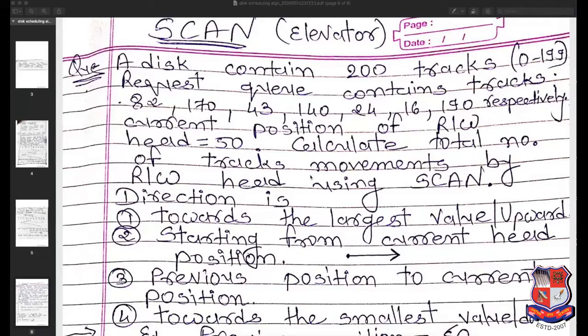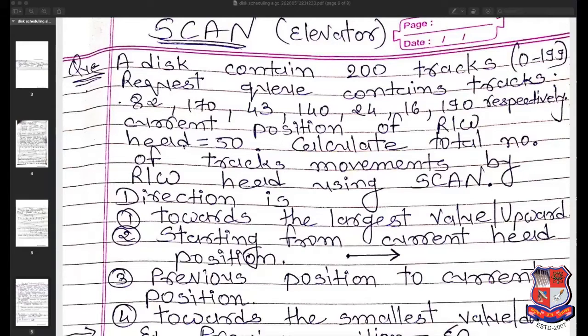Scan is also called the elevator disk scheduling algorithm. Let us start with one example of the scan disk scheduling algorithm. A disk contains 200 tracks, so the total track number is 200, which means 0 to 199.